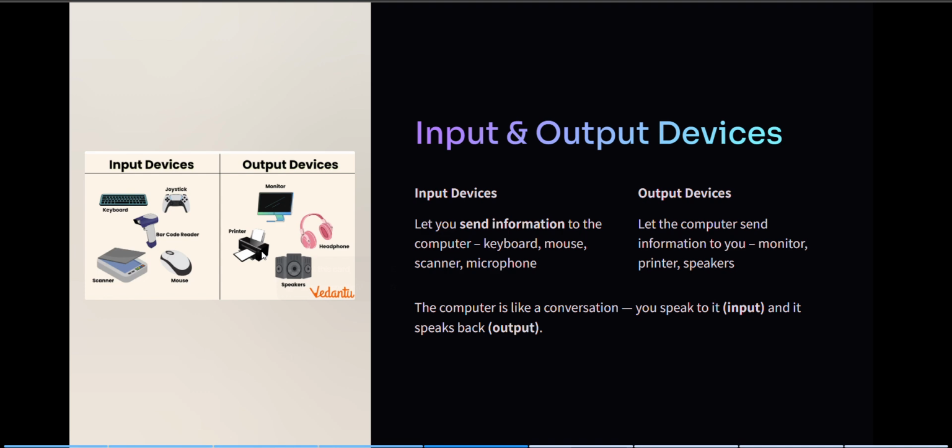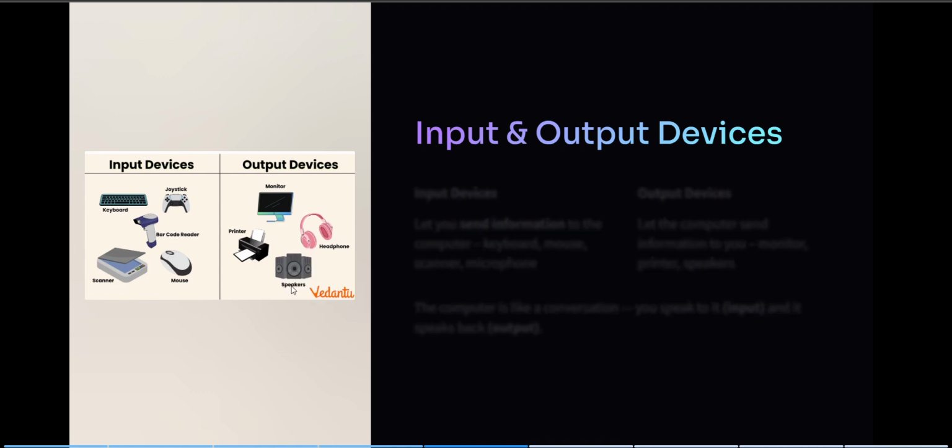So you can see in here the input devices. You have the keyboard, you have the joystick, you have the barcode reader. Some of you, when you go to malls, these are things that they use to read the prices from the goods you buy.